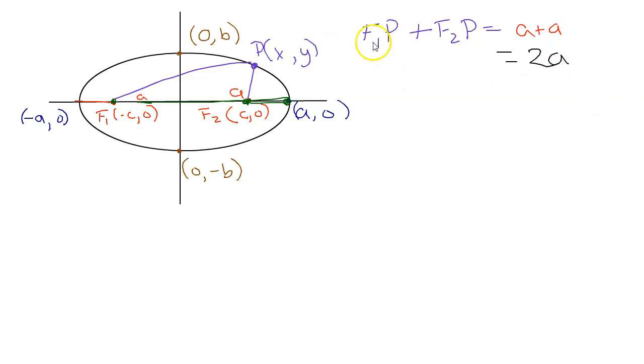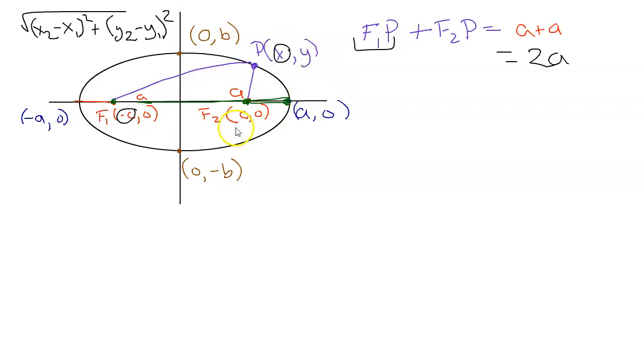So now here's where things get a little more complicated. To find the distance on a line, we have to use the distance formula. So the distance formula is the square root of x2 minus x1, the x values squared, plus the y values squared. So we're going to do x values for the first focus, and then we'll go on to the second.